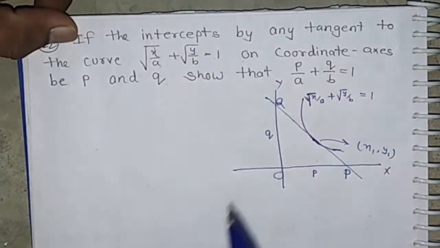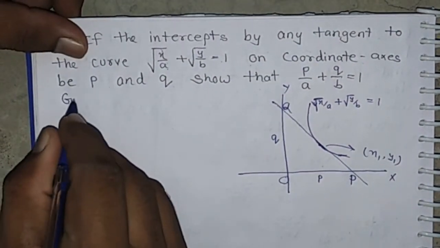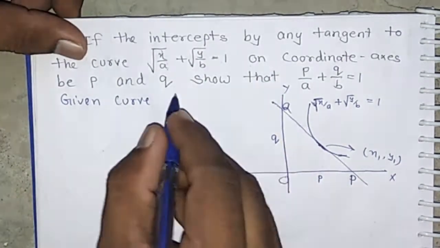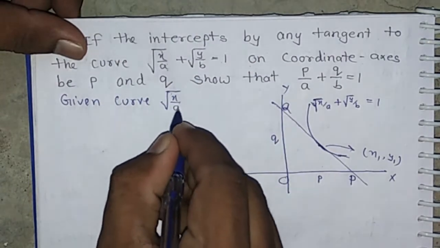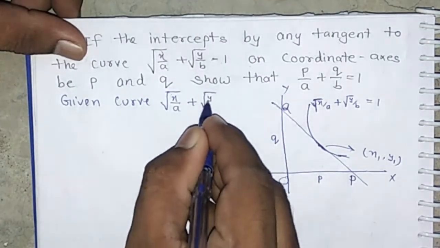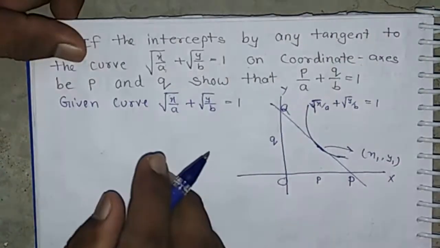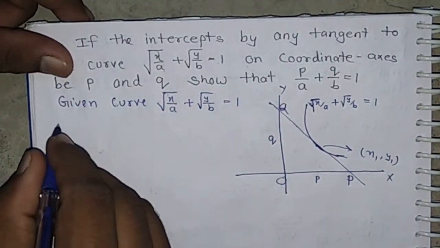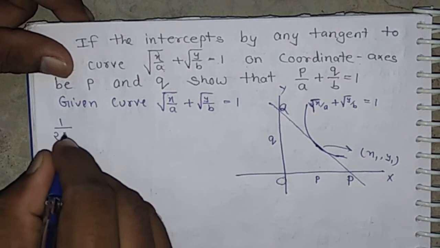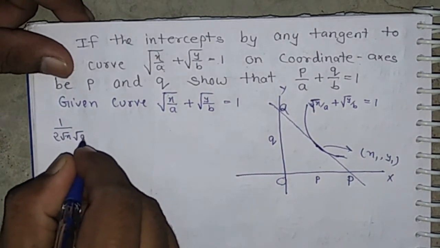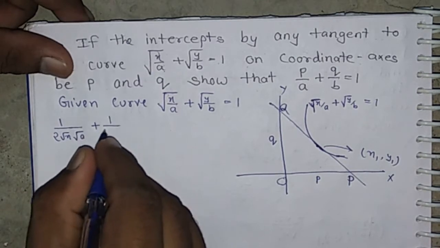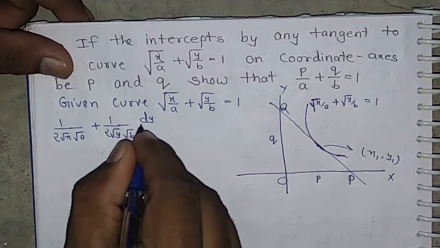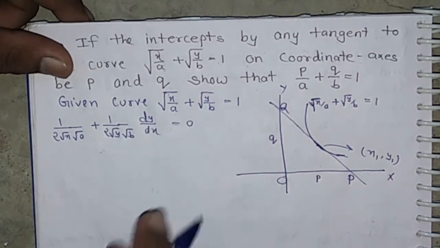Now the given curve is root x by a plus root y by b equal 1. Now find the slope of the tangent. We differentiate the given equation with respect to x. We have 1 by 2 root x root a plus 1 by 2 root y root b dy by dx equal 0.